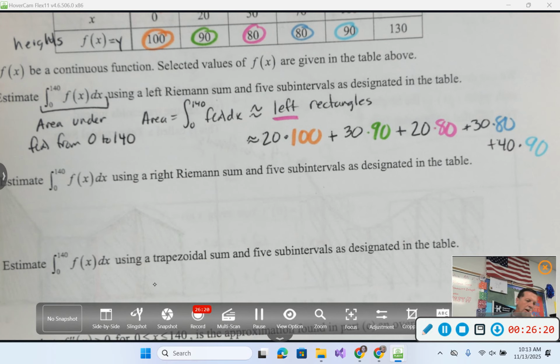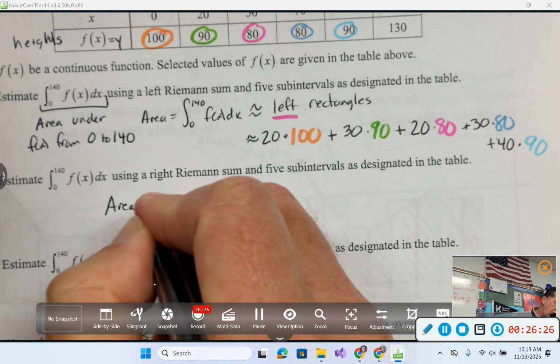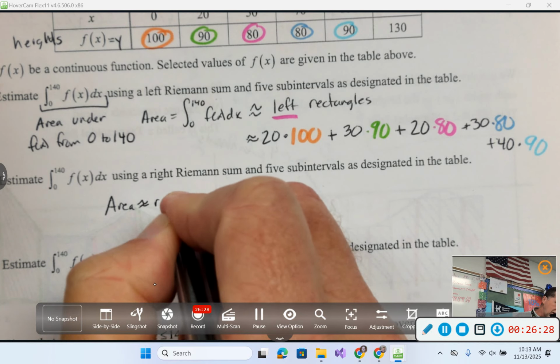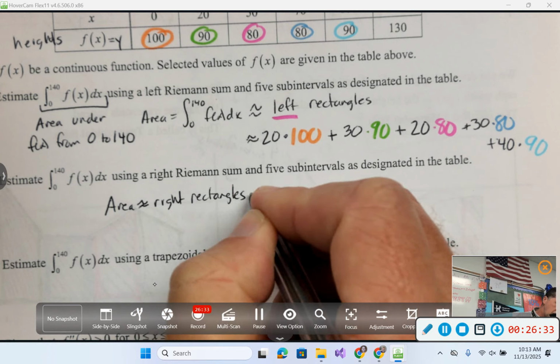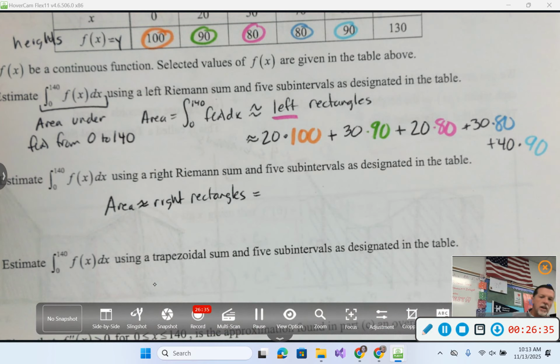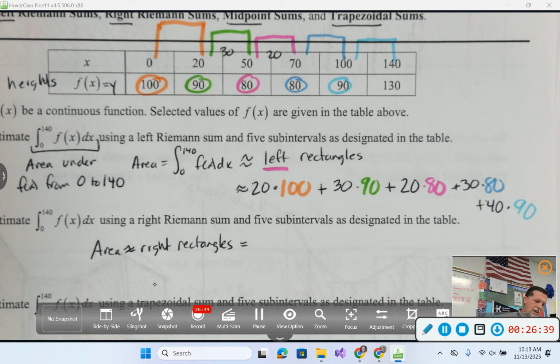All right, using a right Riemann sum, I used up all my colors. So area by right rectangles. I don't know if I use colors, I'm going to mess this up.